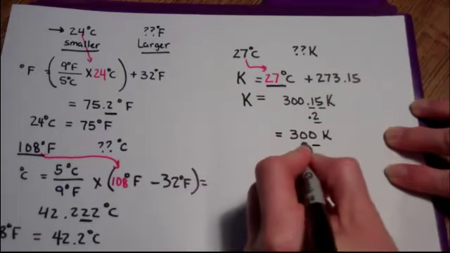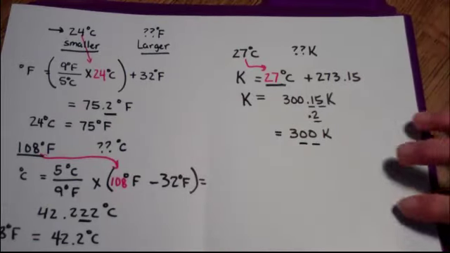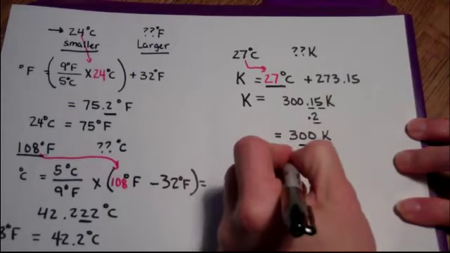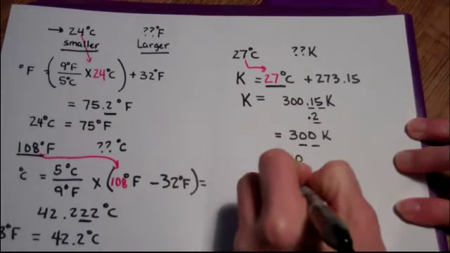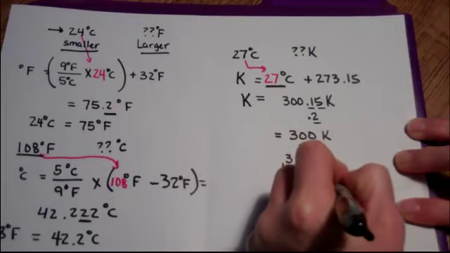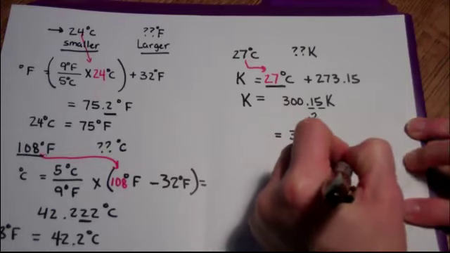Remember, we can't tell by this number whether these zeros are significant. In this case, the 3 and the 0 are significant, and the third position here is not significant.